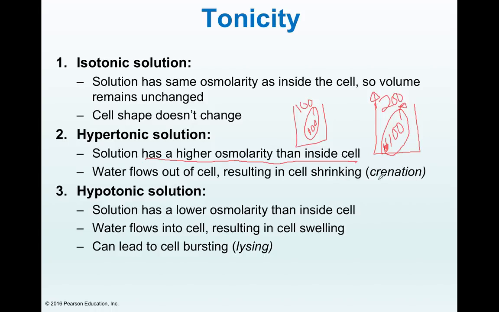And if your cell is losing water, it causes the cell to shrink, and we use the word crenation for it. So if your cell is placed in a hypertonic environment, your cell will shrink. If it's placed in an isotonic environment, the cell keeps its original shape.